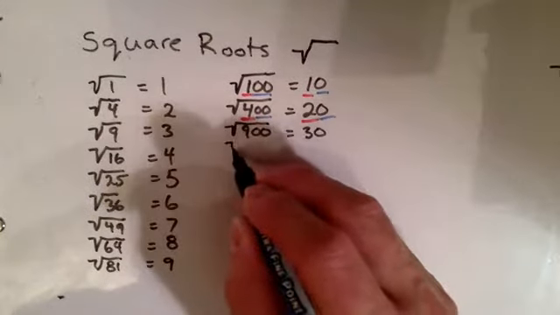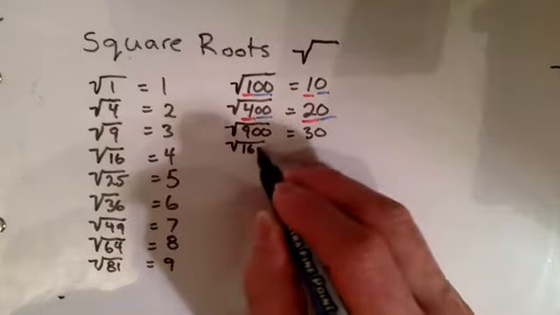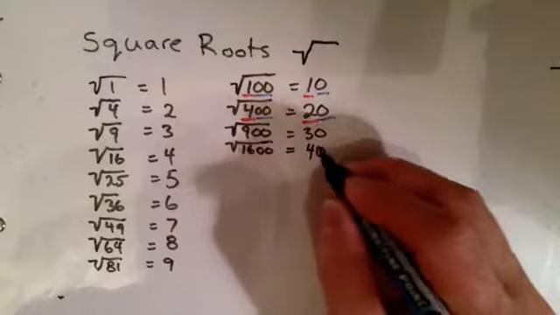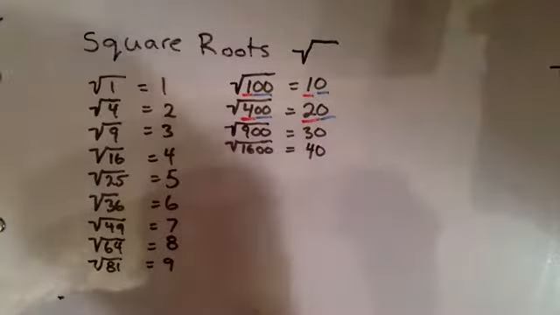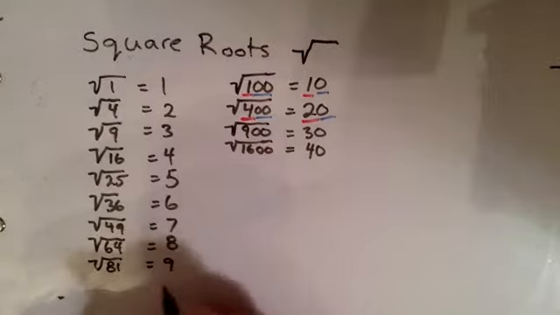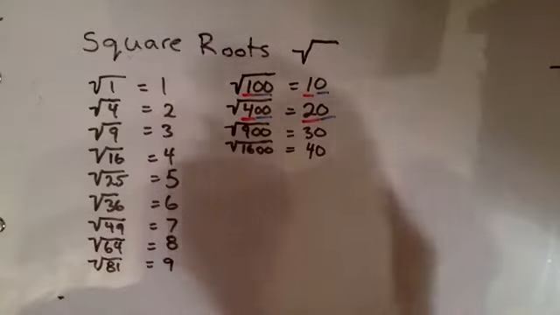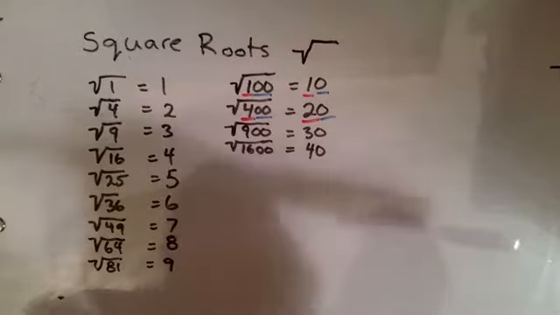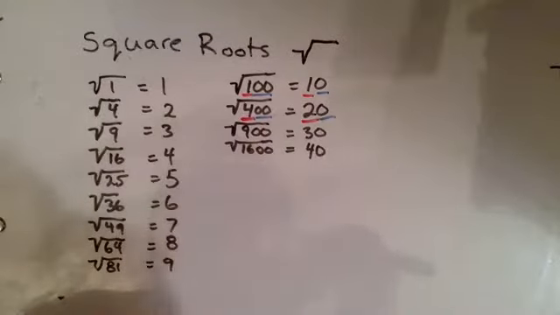Square root of 1600 is going to be 40. And so forth, down to really 8,100 would be 90. So that allows you to find the square roots of quite a large number of different values.